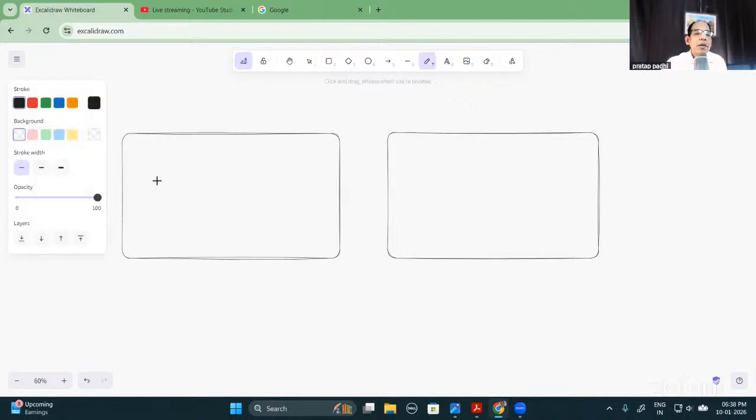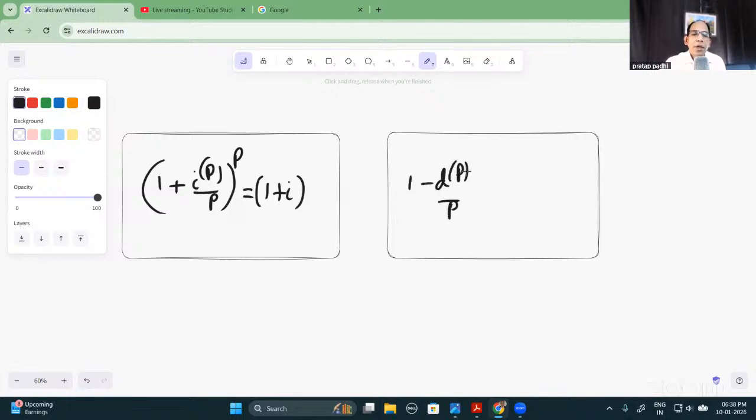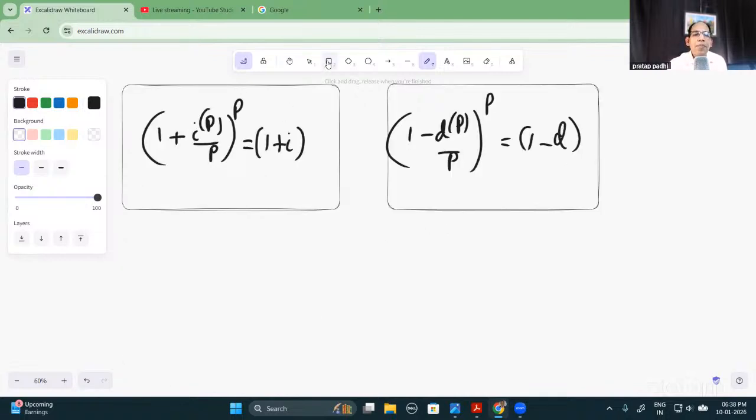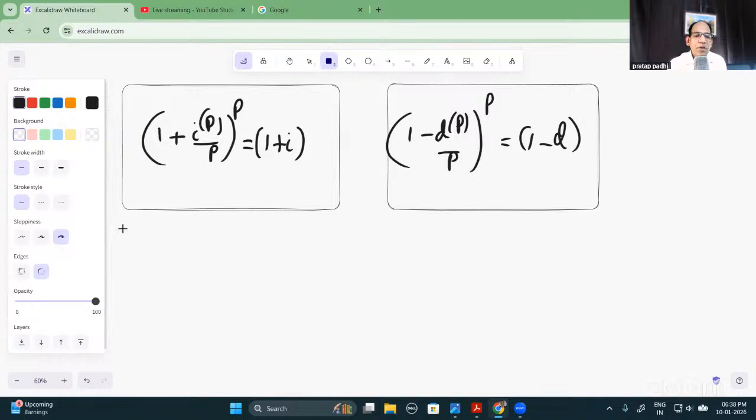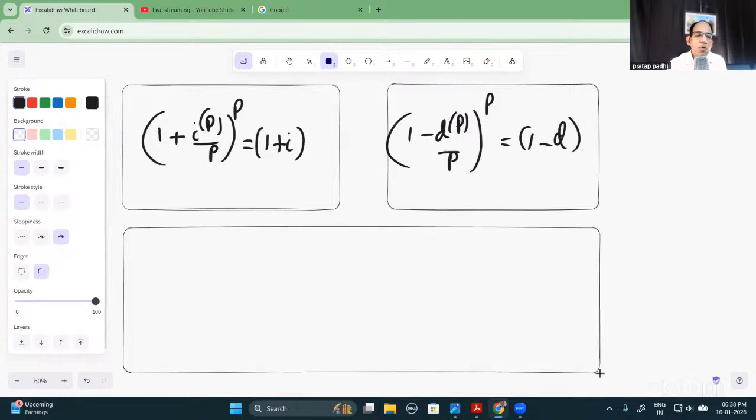Let me write here: 1 plus i_p divided by p, power p, is equal to 1 plus i. 1 minus d_p divided by p, power p, is equal to 1 minus d. There is a link between i and d. So I'll do a simple problem and we'll end it here. I know there are some simple interest problems students are still unable to do, but I have not included those here.